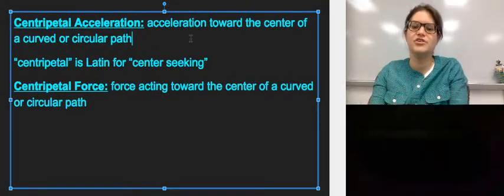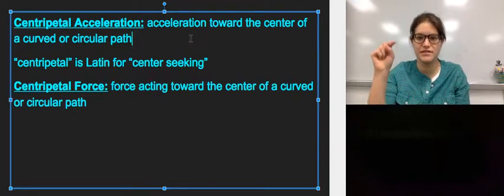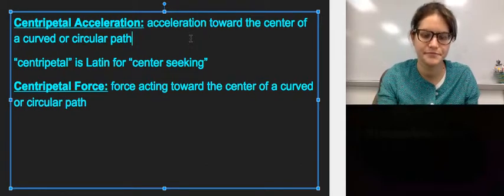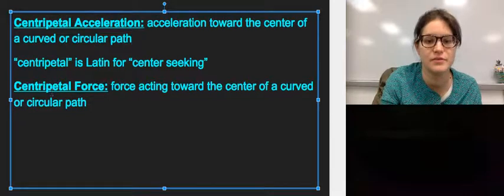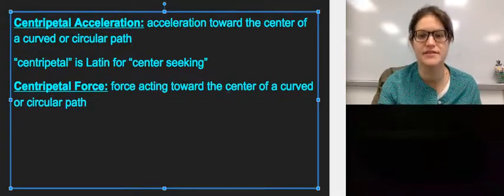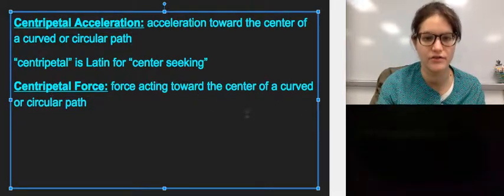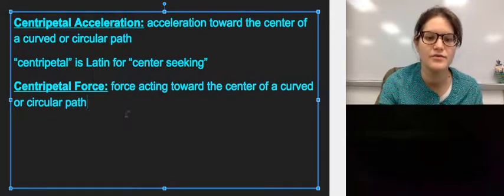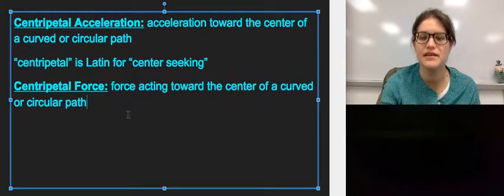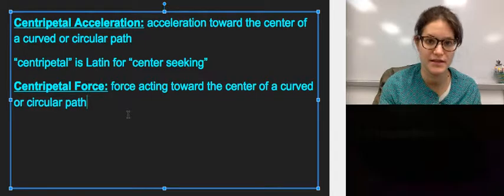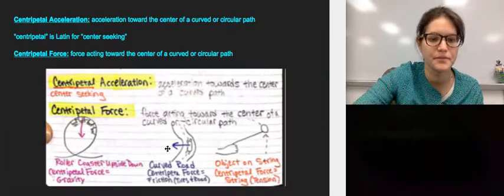Centripetal acceleration is an acceleration towards the center of a circular path. And centripetal force is the force that's acting towards the center of a curved or circular path. Now I'm going to show you a few examples, and I do want you to draw all three of the examples. Here we go.